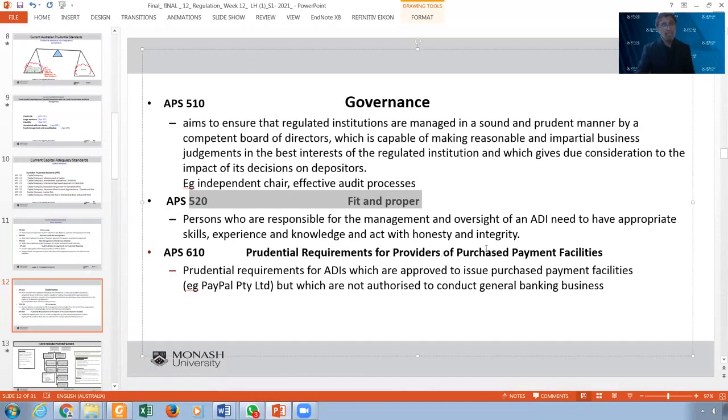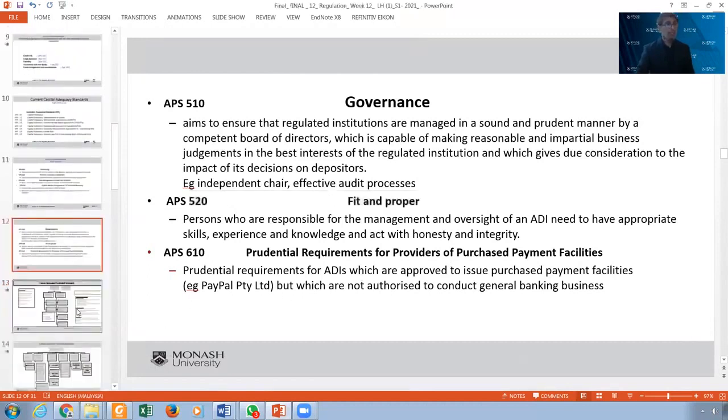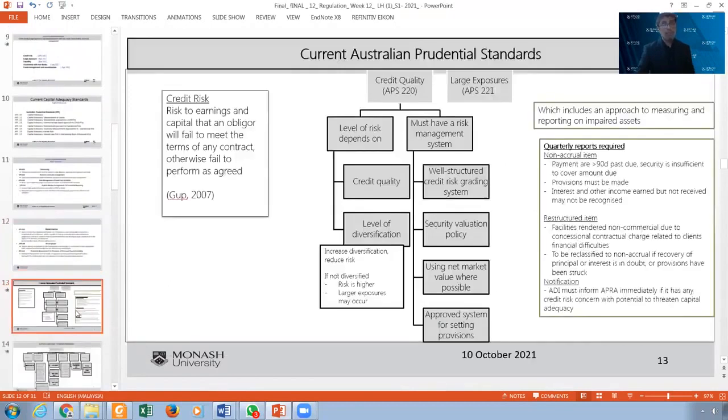This is a provider. Those providers, of course, are licensed by the government, by Bank Negara. But in Australia, anybody who is going to do any payment facilities has to apply APS 610.